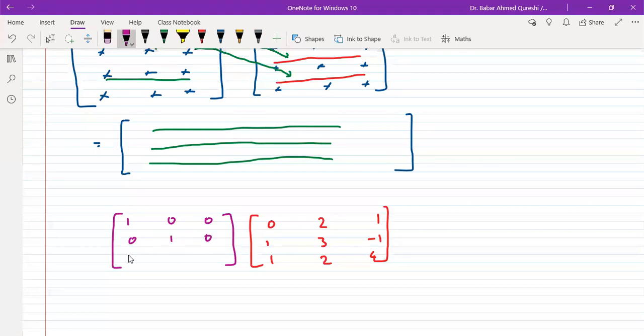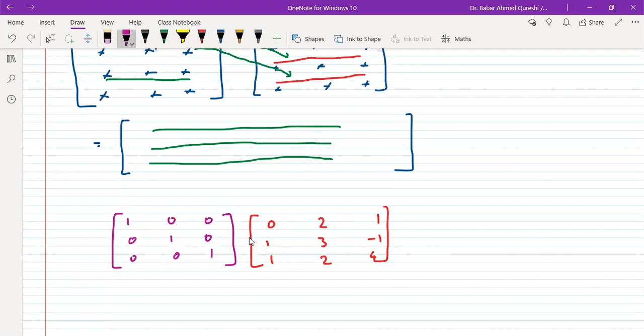First of all, let's start with this thing. When I multiply this matrix with identity, why do I get this matrix back? Thinking in terms of these rows, I am multiplying this number 1 with the first row, multiplying this number with the second row, this 0 with the third row to get my first row back.